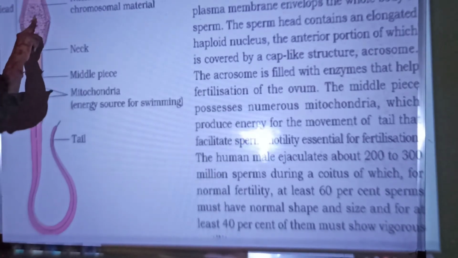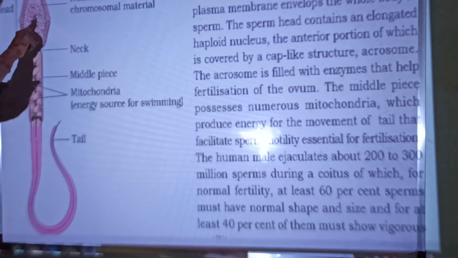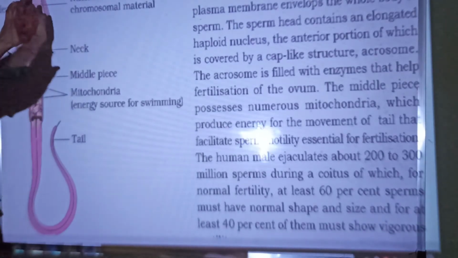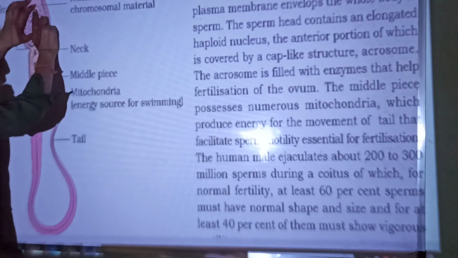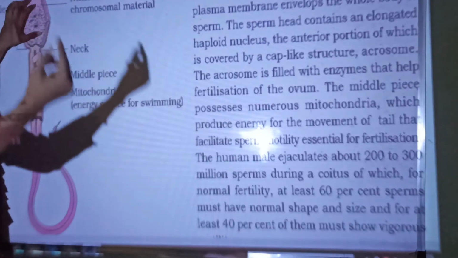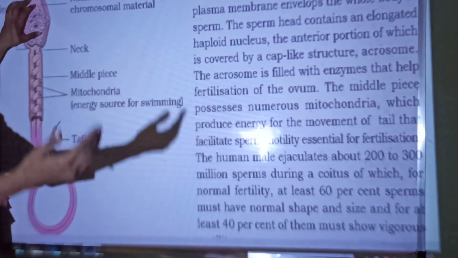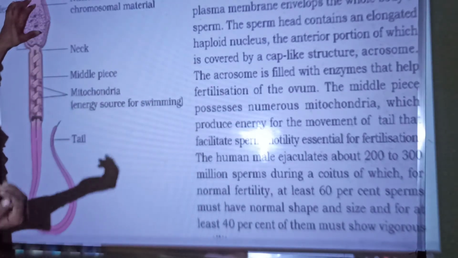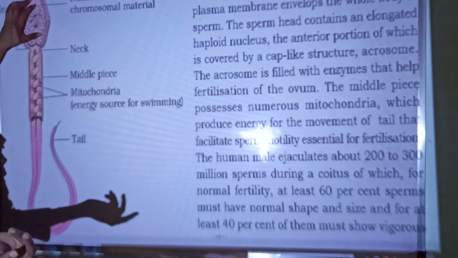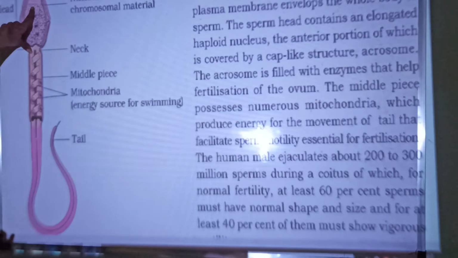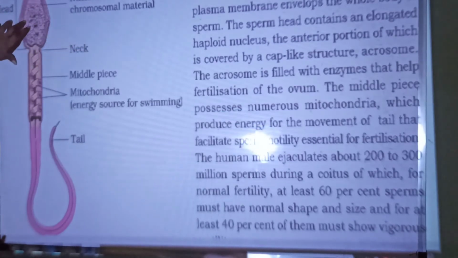The sperm's head is elongated, and again important, it has a haploid nucleus, as we have already studied in the process of spermatogenesis, from primary spermatocyte to spermatids and finally sperm form, how from diploid the haploid chromosomal material is formed. So the head will consist of the nucleus, also the chromosomal material.